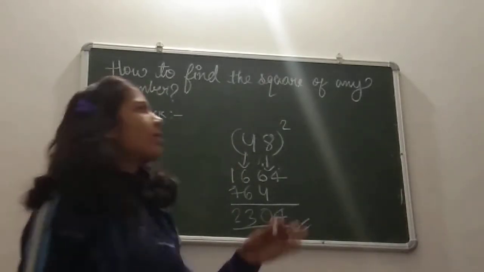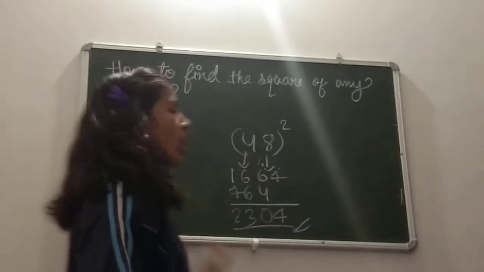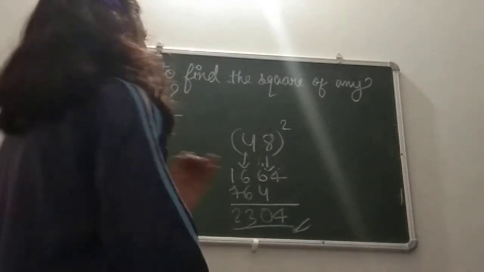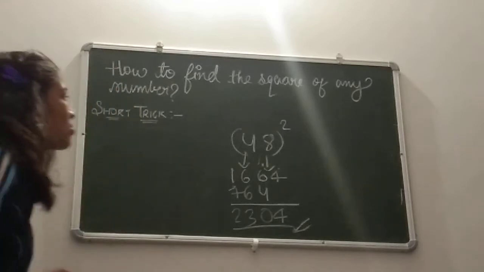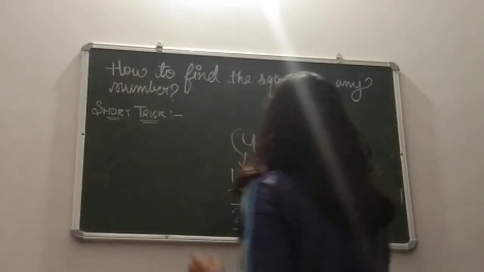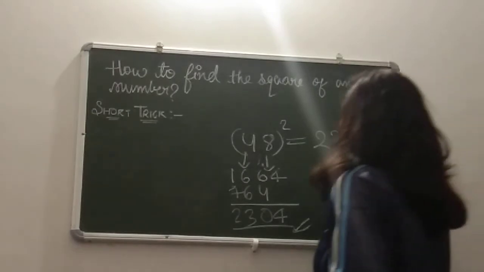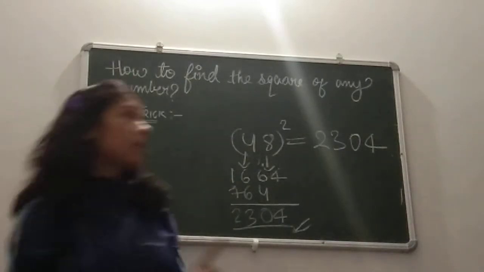As we have done all our steps and we know the short trick, now we will check whether this trick is working or not. To check, first write 48 square is equal to 2304 as per this trick, remember.